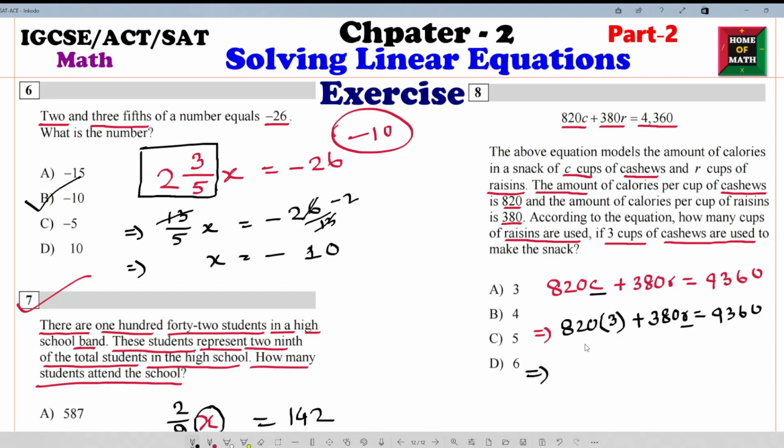So once we multiply 820 by 3, it will be 2460, plus 380r equals 4360. Now if we subtract both sides by 2460, it will become 380r and 4360 minus 2460, right?